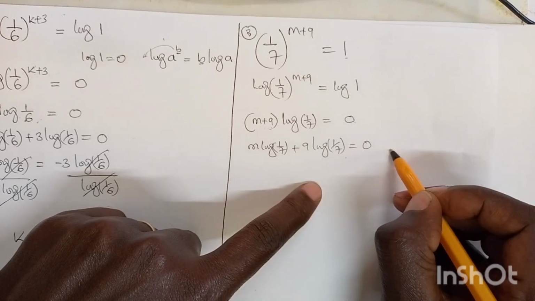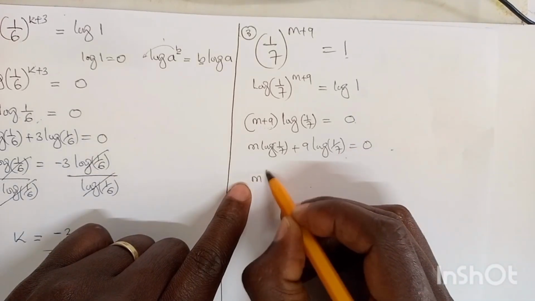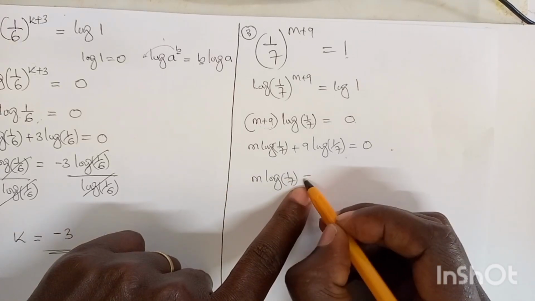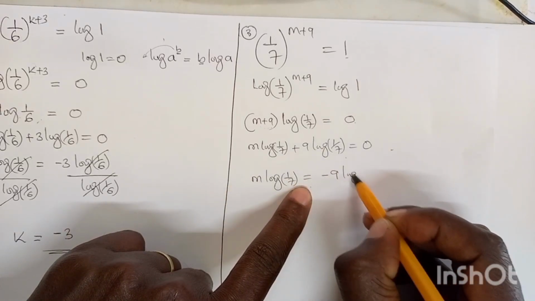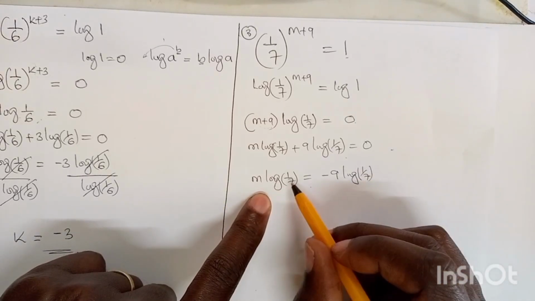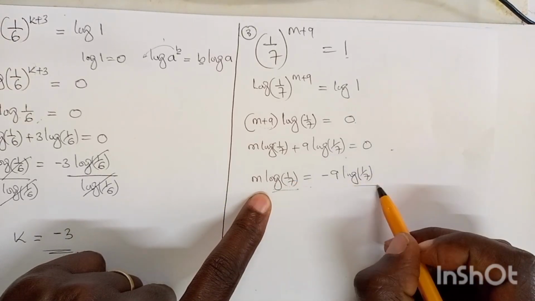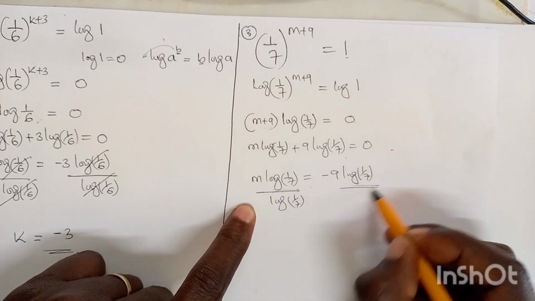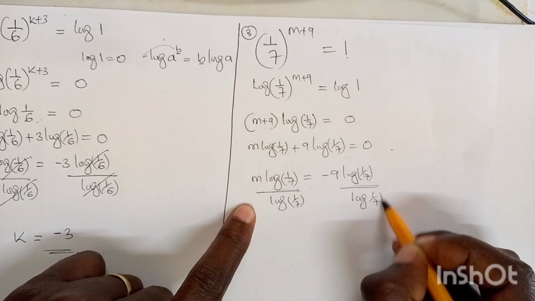Now this one taken to the other end shall be m log 1/7 equals negative 9 log 1/7. At this point, you divide both sides by log 1/7.